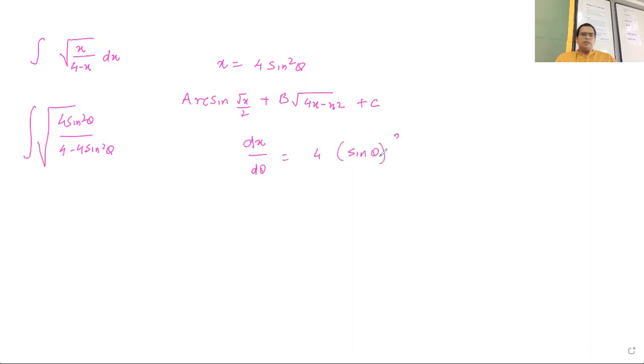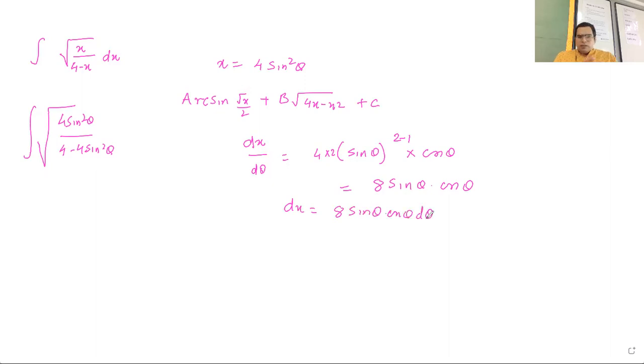I apply the power rule first, 2 minus 1, into the derivative of sine theta, which is cos theta. So we get 8 sine theta times cos theta, which is dx by d theta. So in place of dx, I can put 8 sine theta cos theta times d theta.